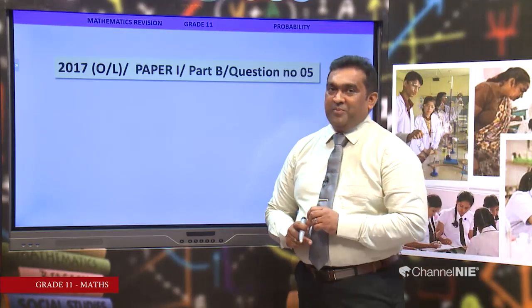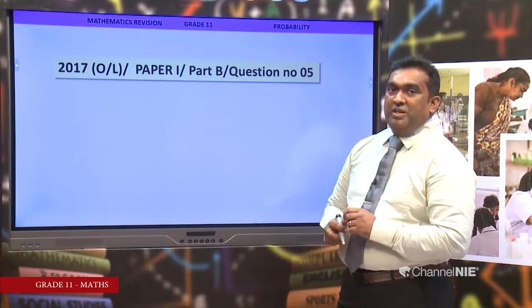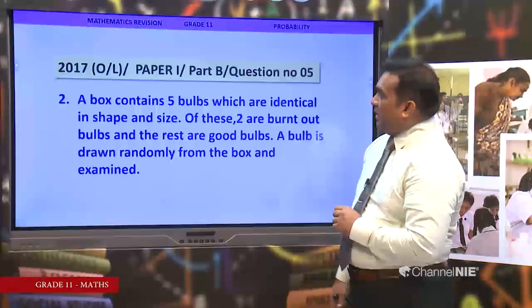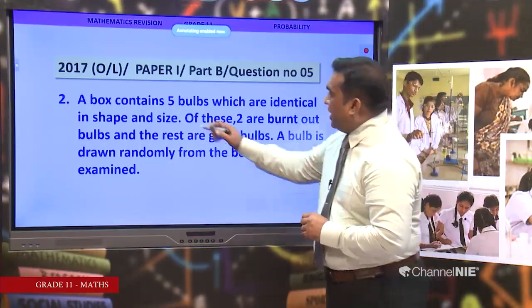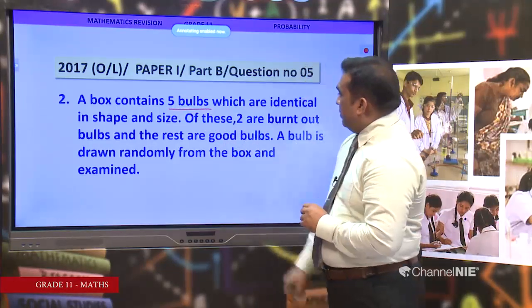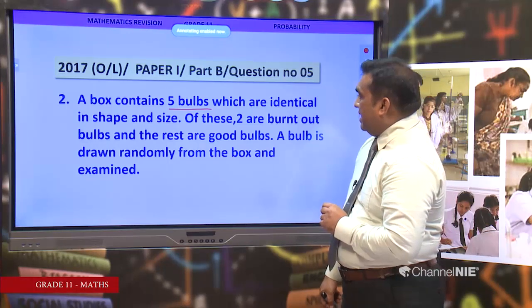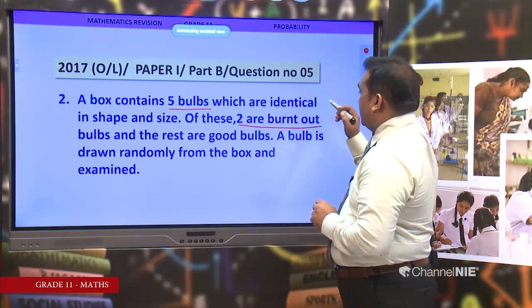2017 O-Level Maths Paper 1 Part B Structured Question, question number 5. A box contains 5 bulbs, which are identical in shape and size. Of these, 2 burnt out.